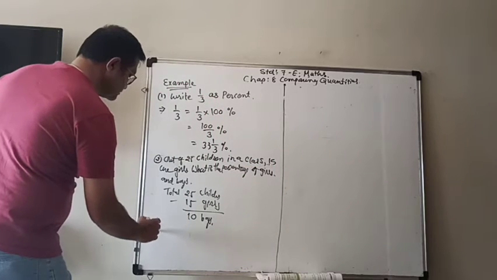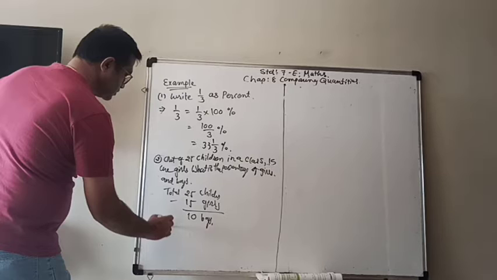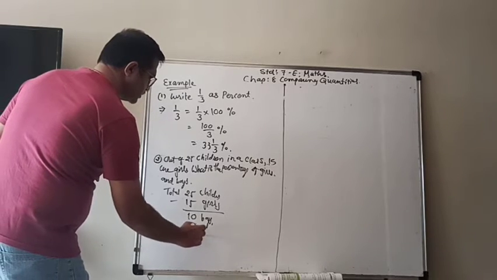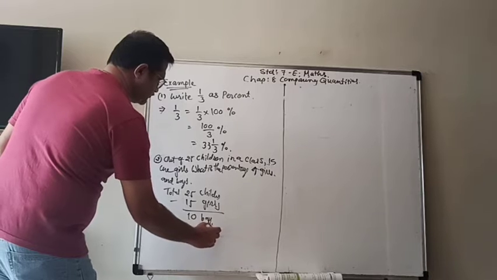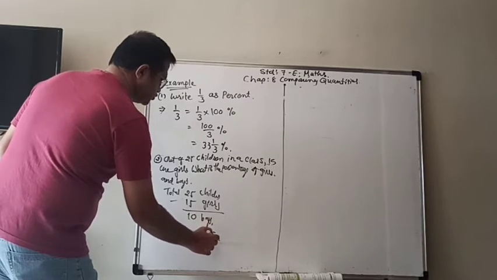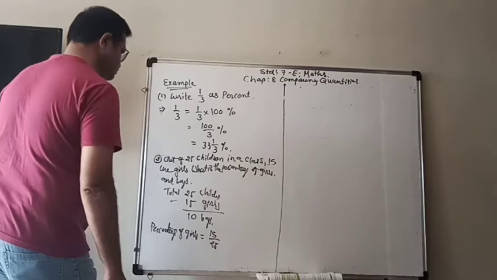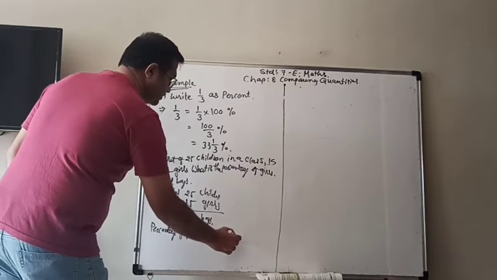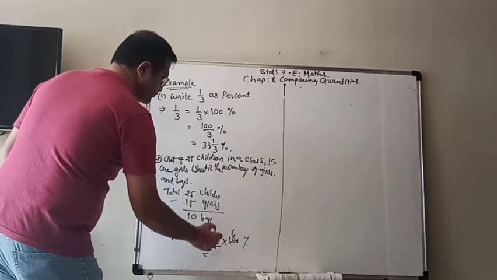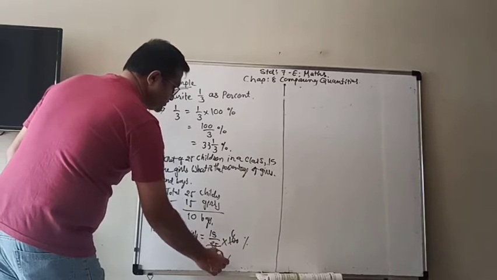Percentage of girls is equal to 15 out of 25 multiplied by 100%. 25 fours are 100, so 15 fours are 60%.